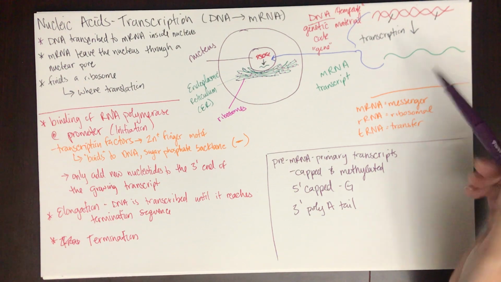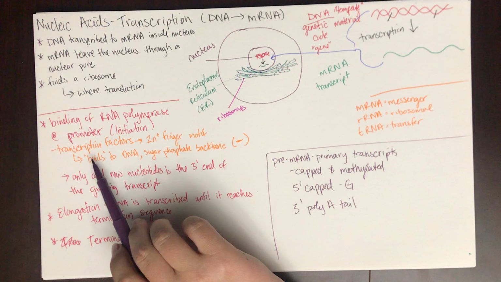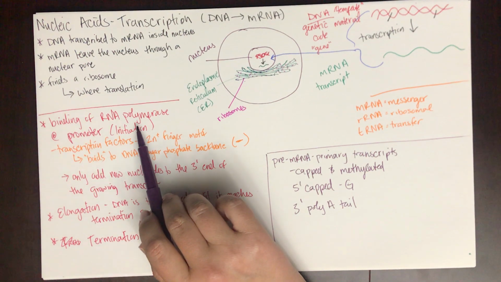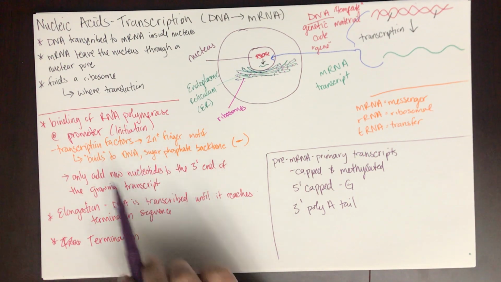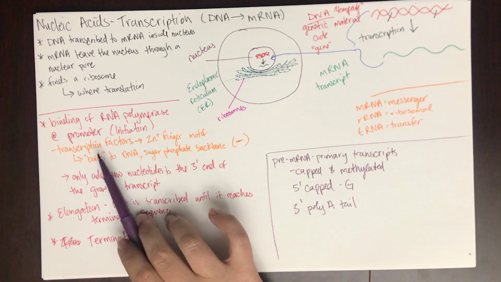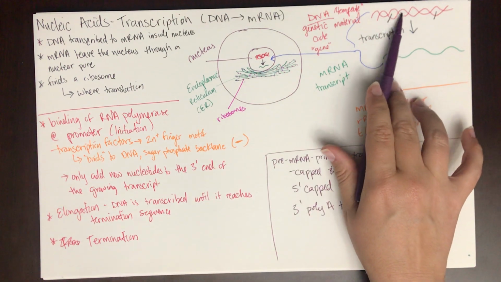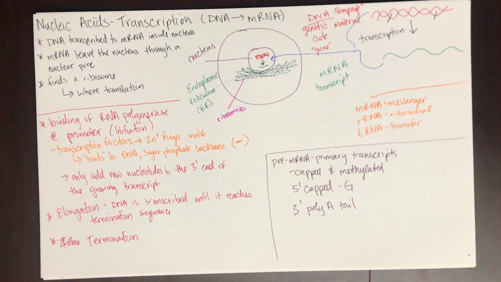Okay, so we have started with double-stranded DNA in the nucleus. Initiation factors, transcription factors, are going to bind to the promoter. The positively charged zinc fingers in the transcription factors bind to the negatively charged sugar-phosphate backbone of the DNA.